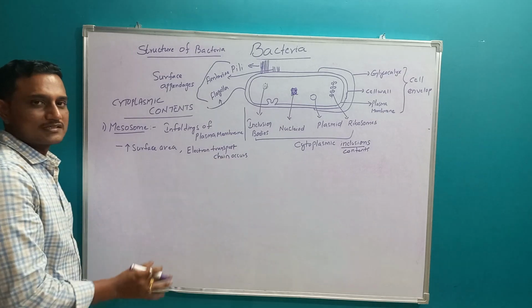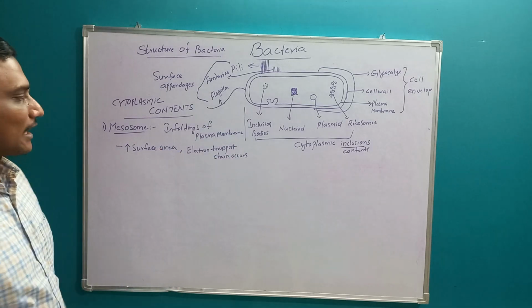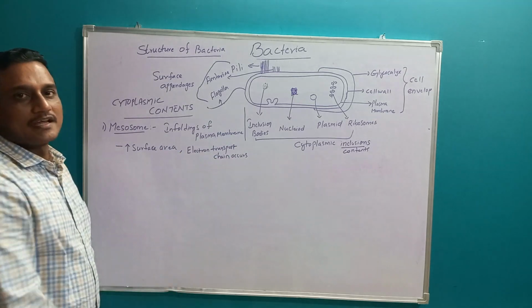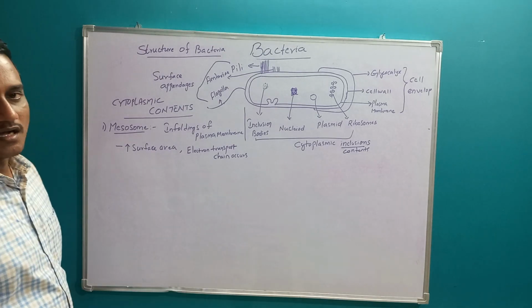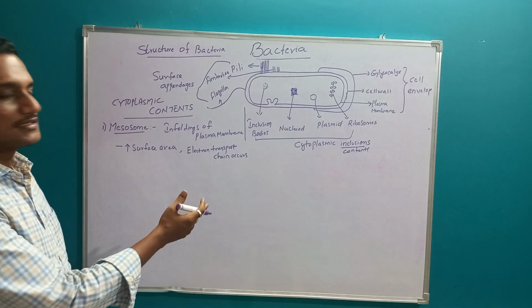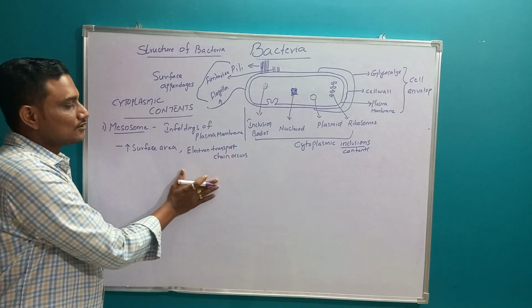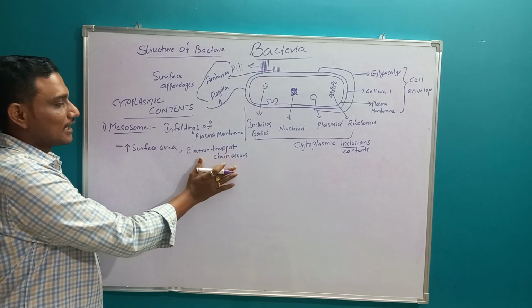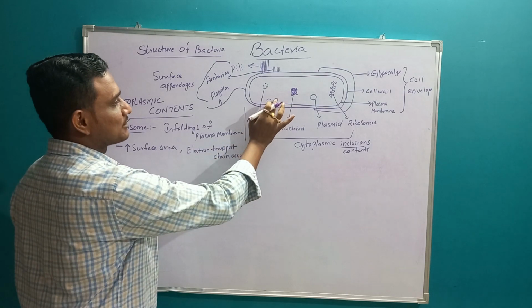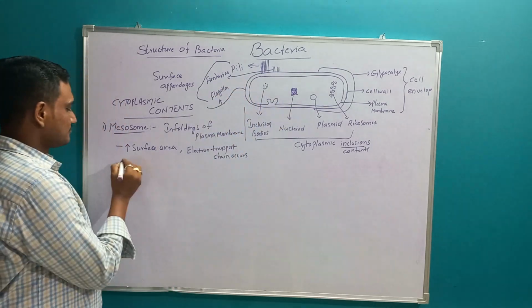That means in respiration, the last step, the electron transport chain, where energy-releasing products like ATP are formed by NADH and FADH, takes place in the mesosome.